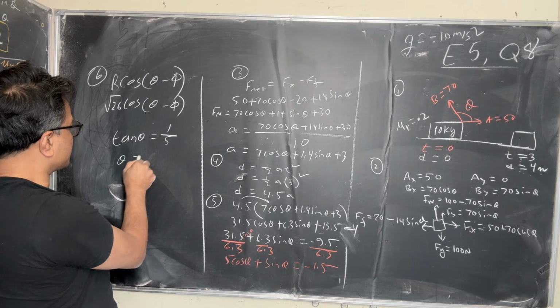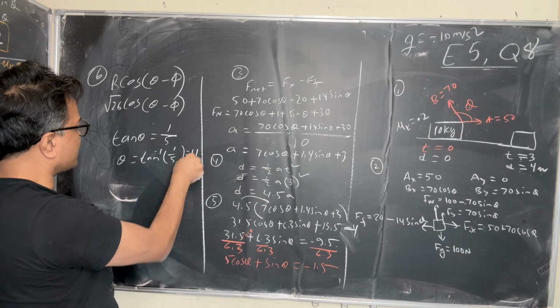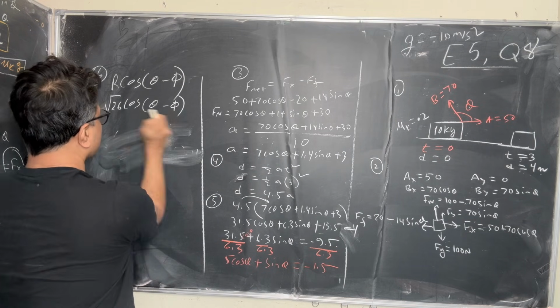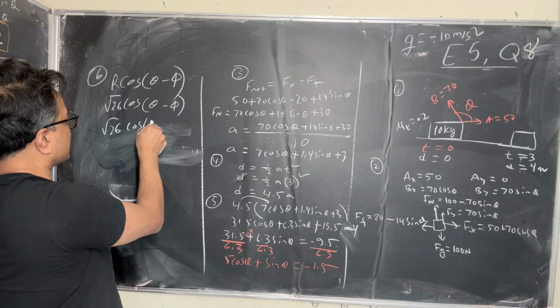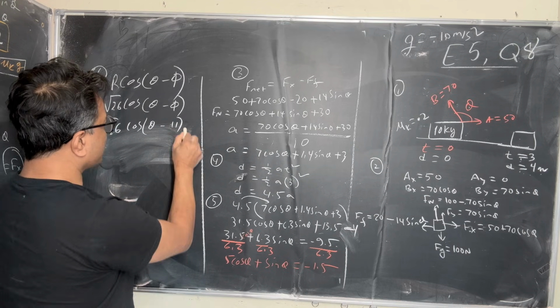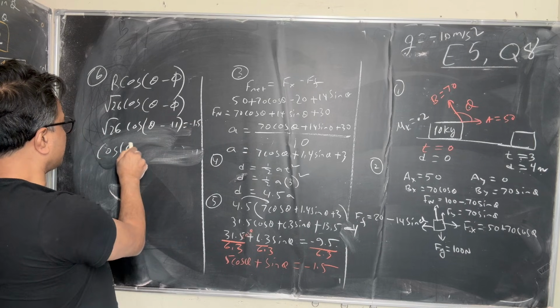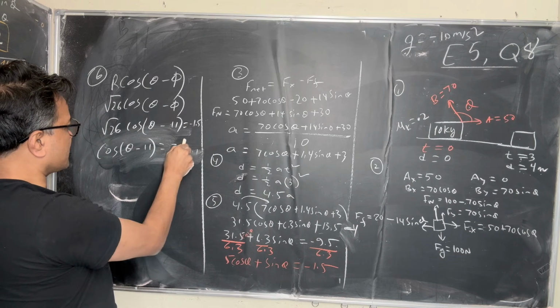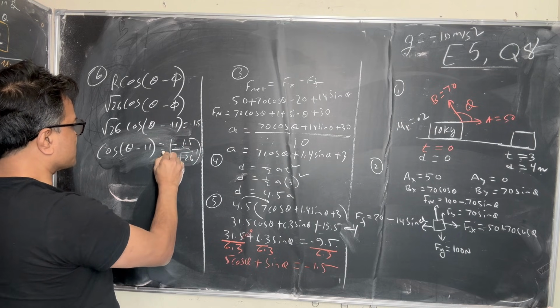So phi is tangent inverse 1/5, which is 11. Okay, so you're going to say square root of 26 cosine theta minus 11 is equal to negative 1.5.